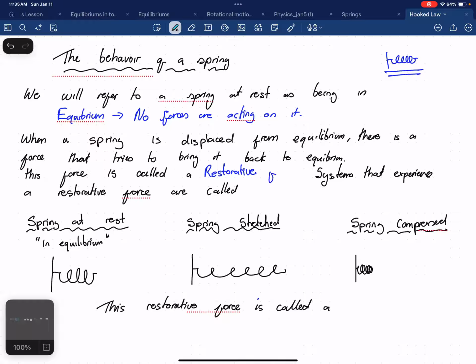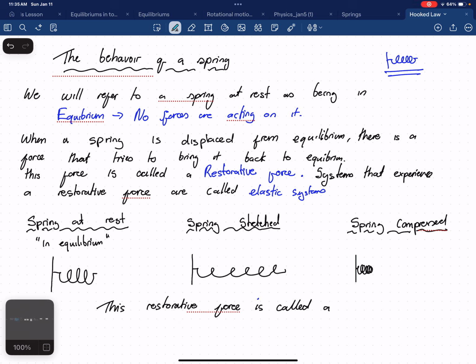I know it may seem abstract right now, but systems that experience restorative forces are called elastic systems. Frankly, you could say everything is an elastic system, because truly, even at the atomic scale, we experience some kind of restorative force.